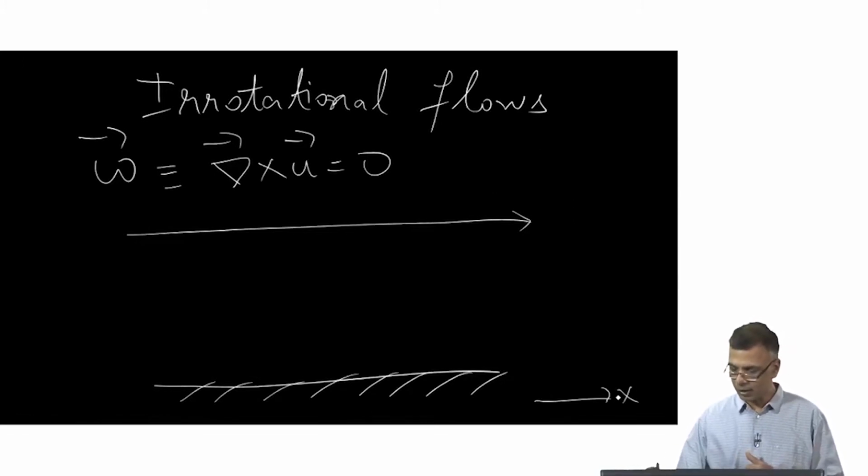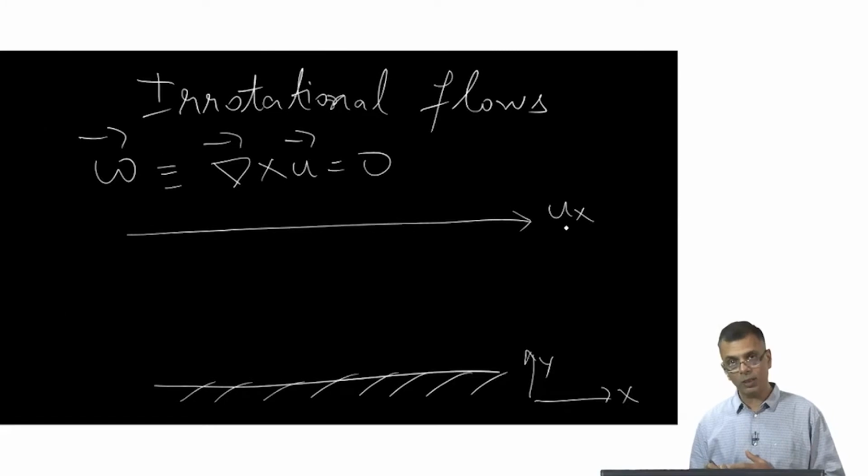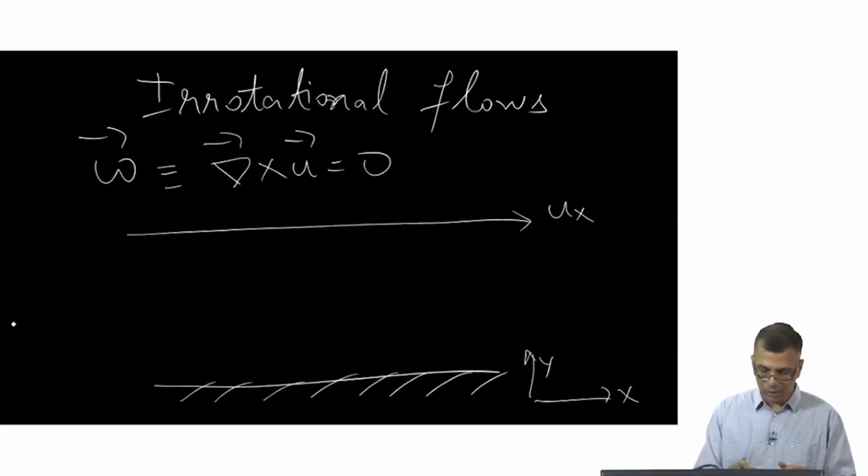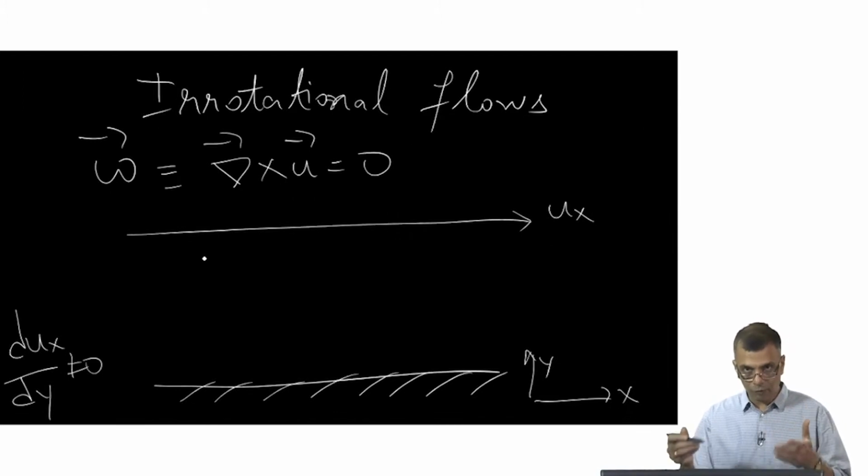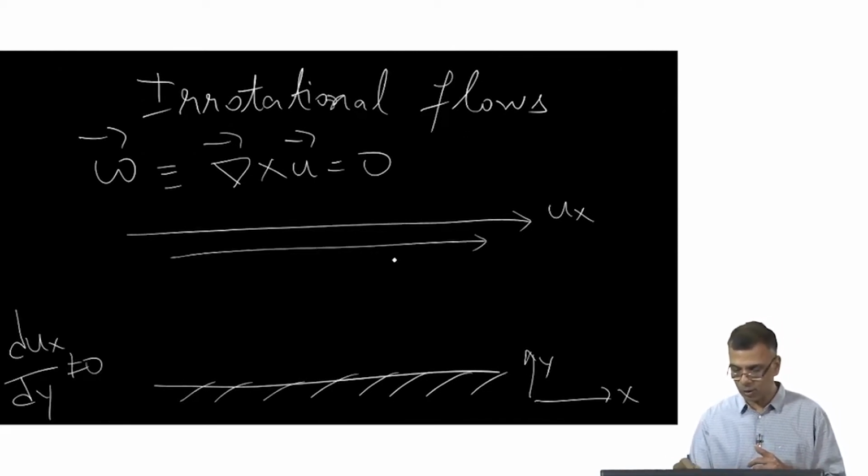Again, you have x and y, so this would be u of x, with a gradient of u of x as you proceed in y. In other words, the top layer is moving fast, the next layer is moving a little slower, the next a little slower, and so forth.